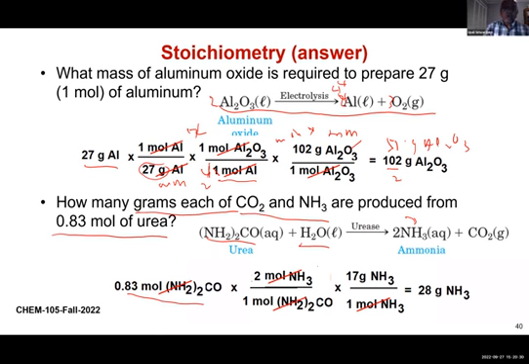So if you start with 1 mole, the reaction is balanced, right? You have to first check that. One carbon is correct. How many oxygens are there? 2 oxygens. That's correct. How many nitrogens? 2 nitrogens.